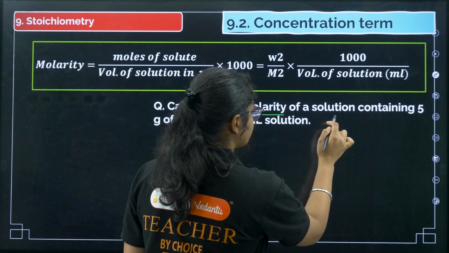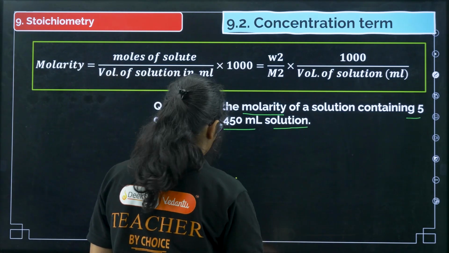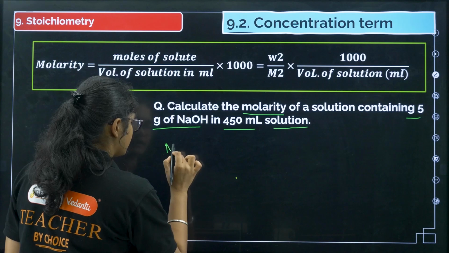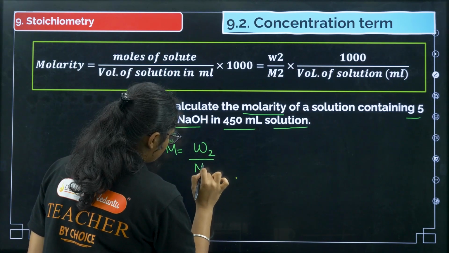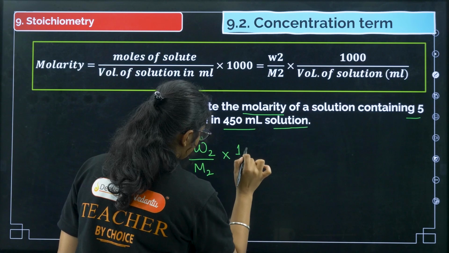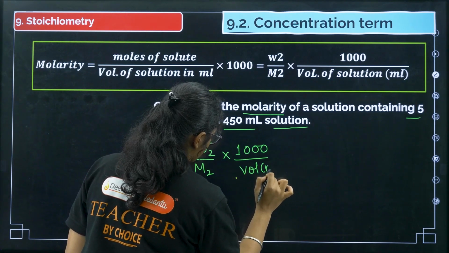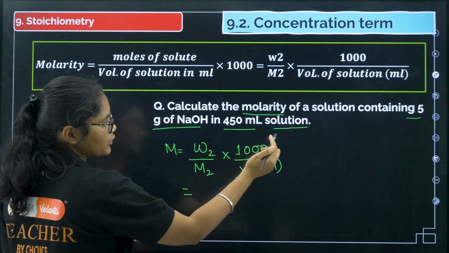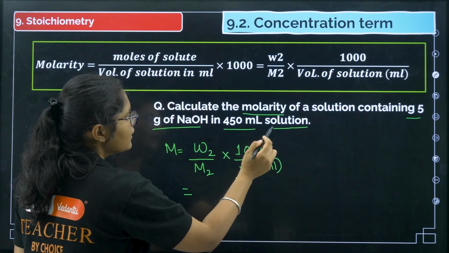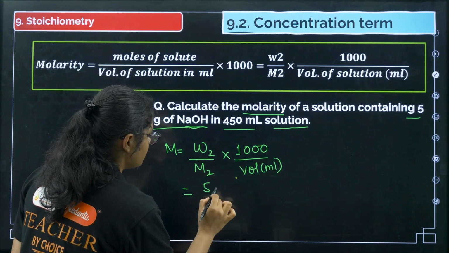Calculate the molarity of a solution containing 5 gram of NaOH in 450 ml of solution. First, molarity formula is W2 by M2 into 1000 by volume in ml. Given mass, which is the solute here, is NaOH. The mass of NaOH is 5 gram.